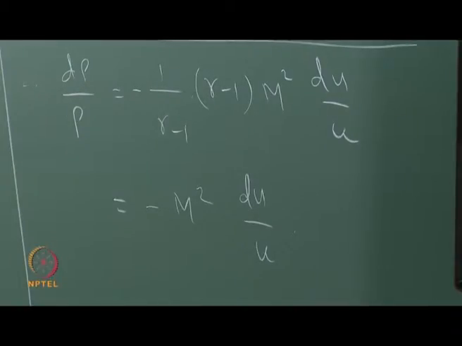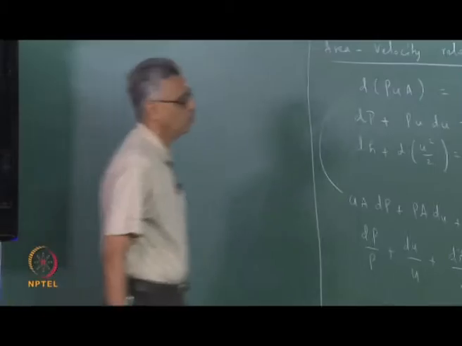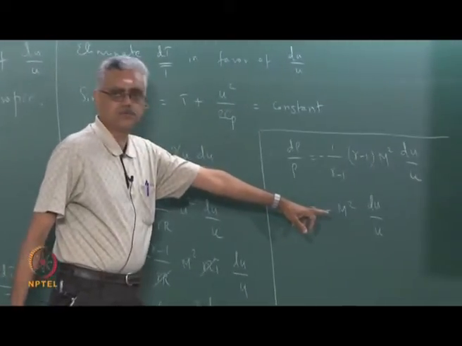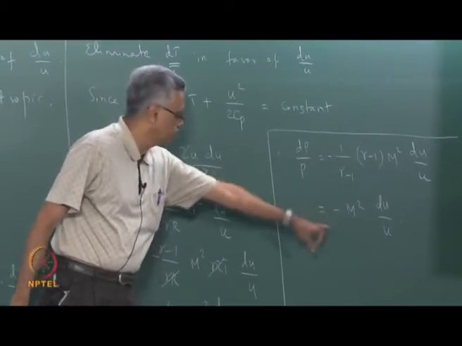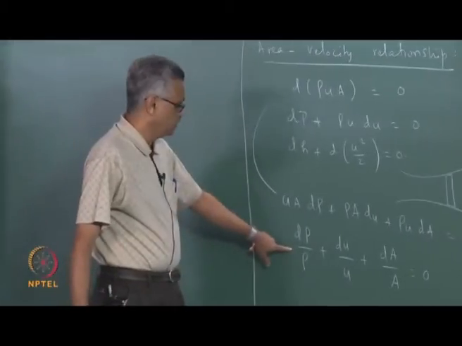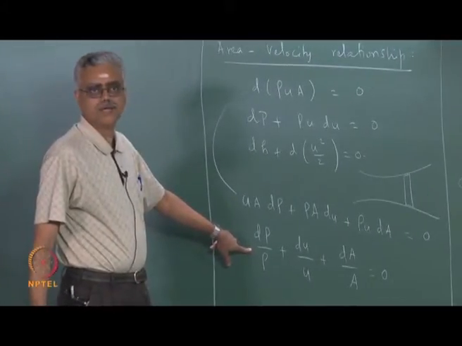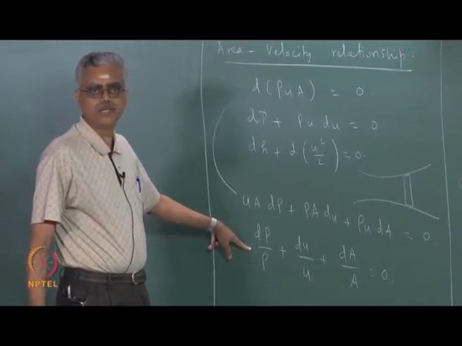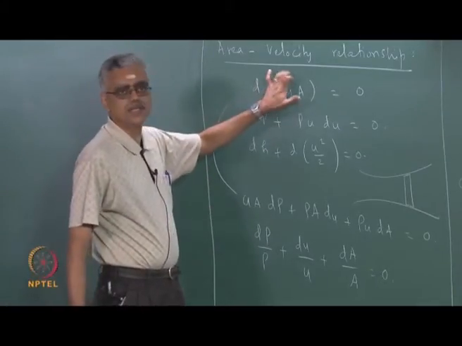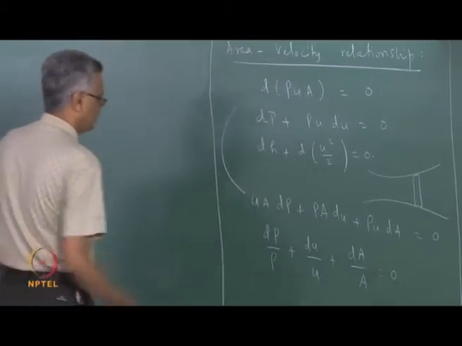So, if I substitute the expression for d rho over rho, which is written in terms of du over u here, into my differential form of the continuity equation, I finally get a relationship which involves only dA and du, which is what I am looking for in my area velocity relationship. So let us go ahead and do that.